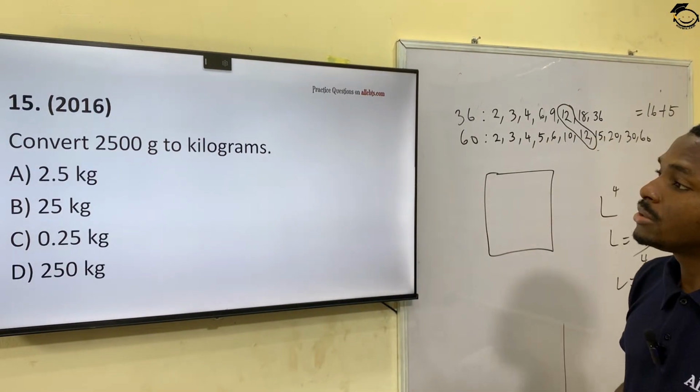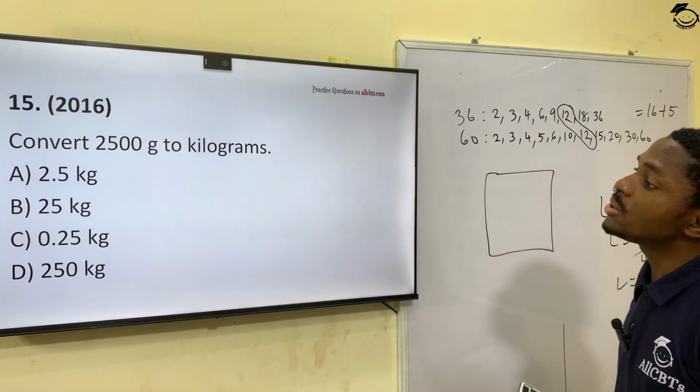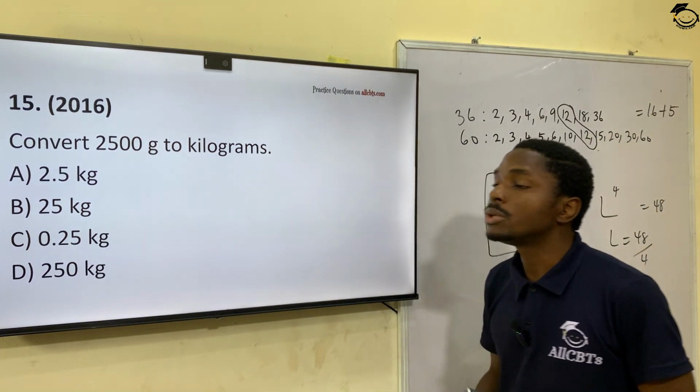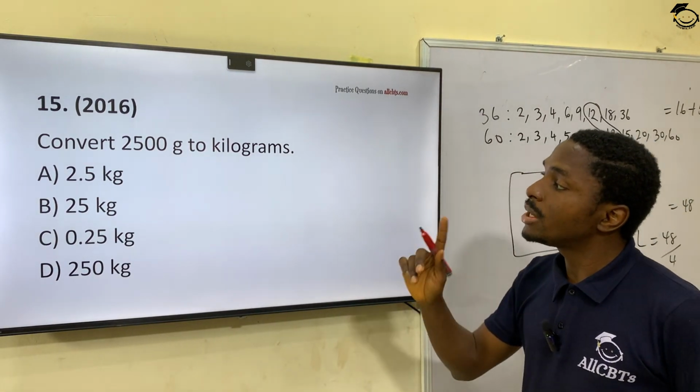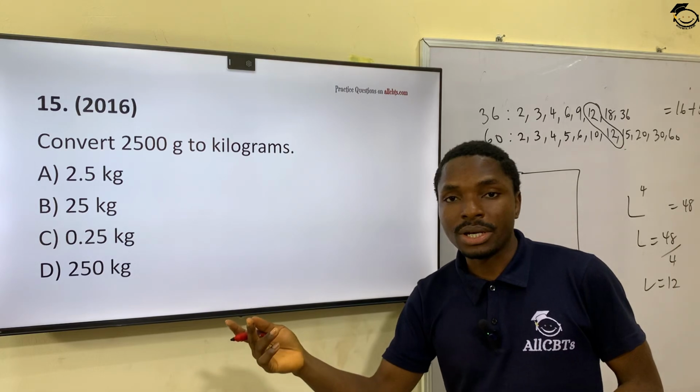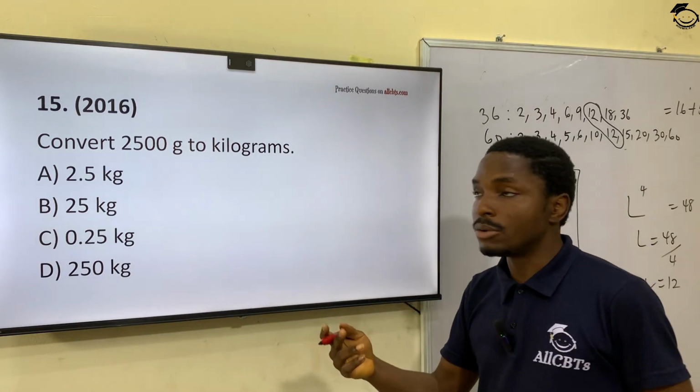And then question 15. Convert 2,500 grams to kilograms. So 1 kilogram equals 1,000 grams. Kilo means 1,000.